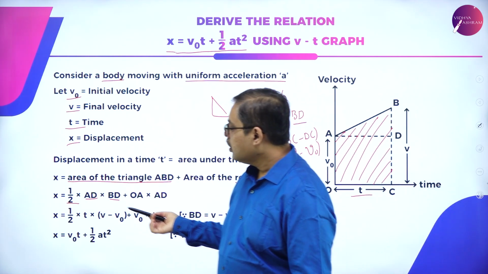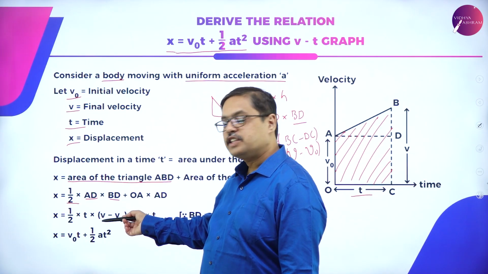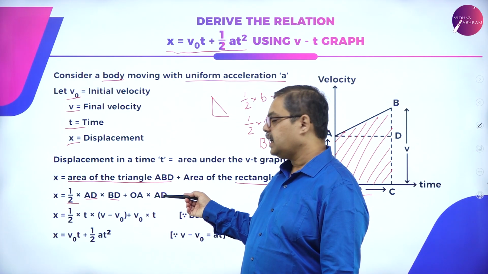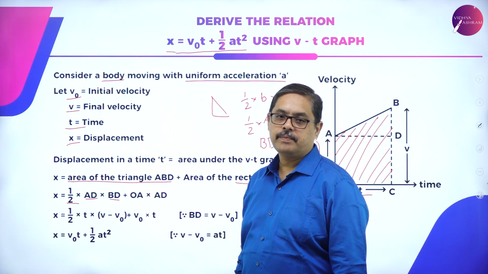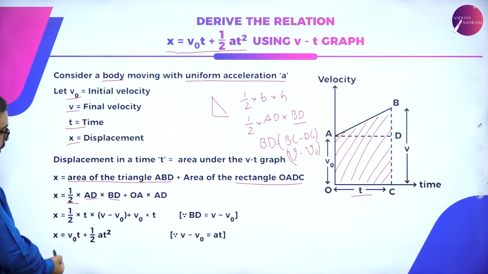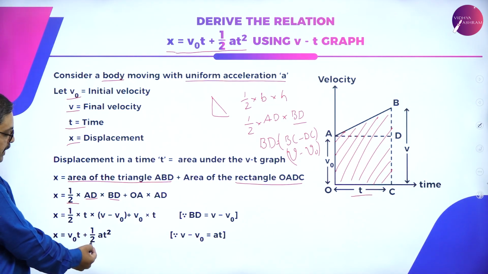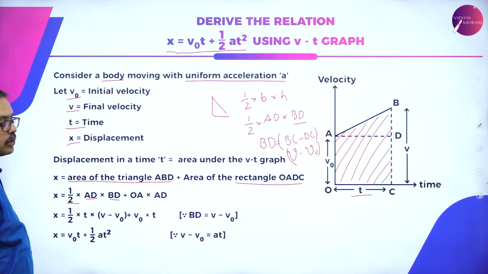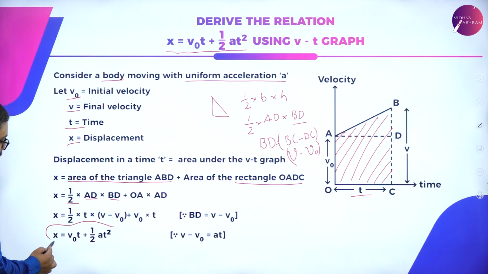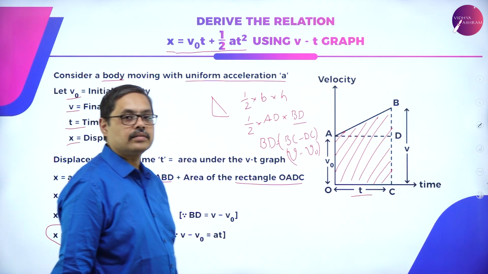So I replace AD by time, BD by difference of final and initial velocity, OA by initial velocity and AD by time. So if I can resolve this, what will this be? v into t, and then you have plus half a into t square. So finally I get the relation as x is equal to v naught t plus half a t square.